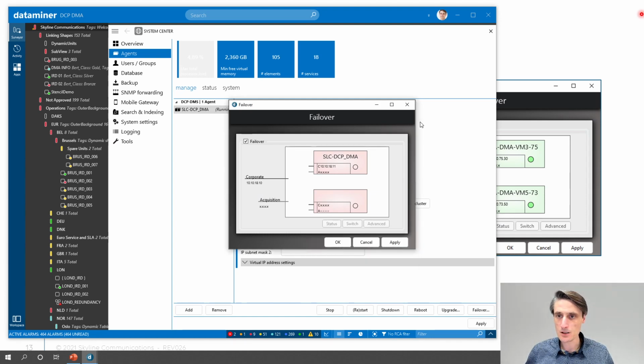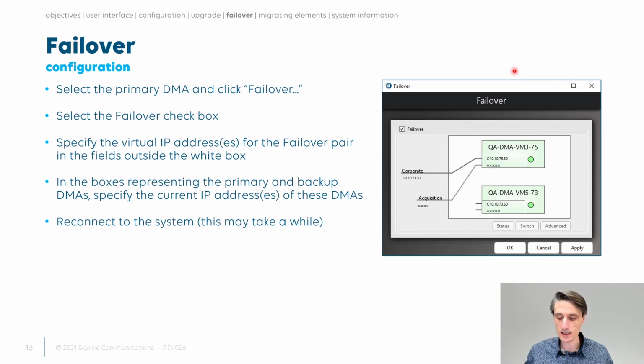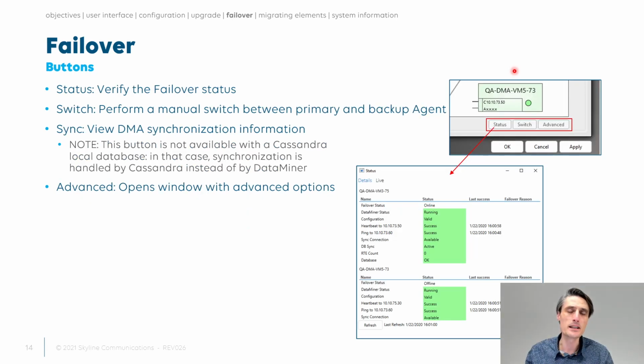Okay. So let's go back to my slides to go into a couple more details on the failover, more specifically the buttons on the lower right-hand side. The first one is just to verify some status. It brings you to this status window where you can see some information about whether the heartbeat is going fine, the ping, the database sync.